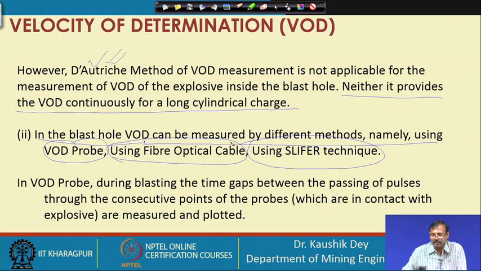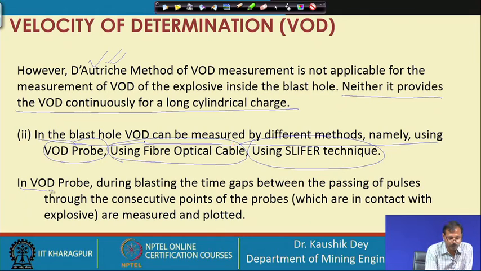These three techniques can give us continuous VOD for an explosive placed in the blast hole. So a full-fledged blasting may be carried out and the VOD can still be measured. We need not depend on samples taken to the laboratory to carry out the test.